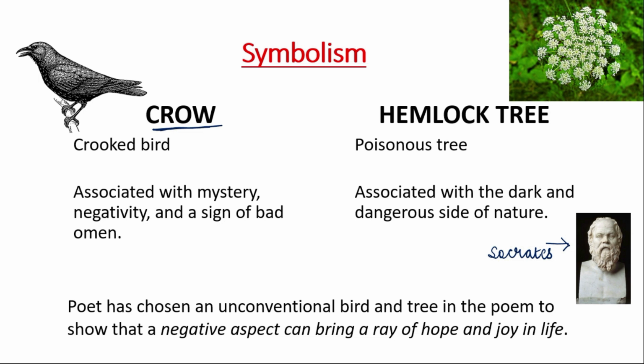So these two negative aspects have actually brought a ray of hope and joy in his life, where he was just sitting and regretting something, but it brought a change of his mood. And the snow that fell on the poet signifies vitality, joy, pleasure, or energy. So that was brought to him, which changed his mood dramatically.